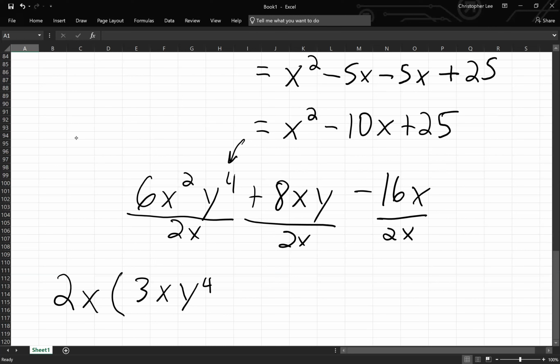It doesn't have anything on the bottom there. And then what's next? 8, for what? X, 4y, for y. Negative 8. Very good. 16 divided by 2 is 8. X and x cancel out. That's it.